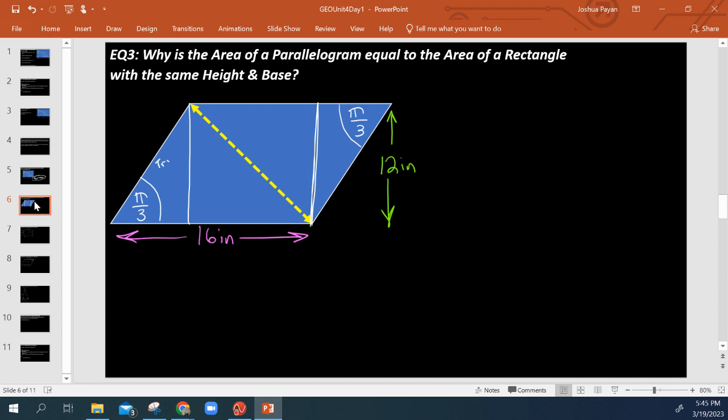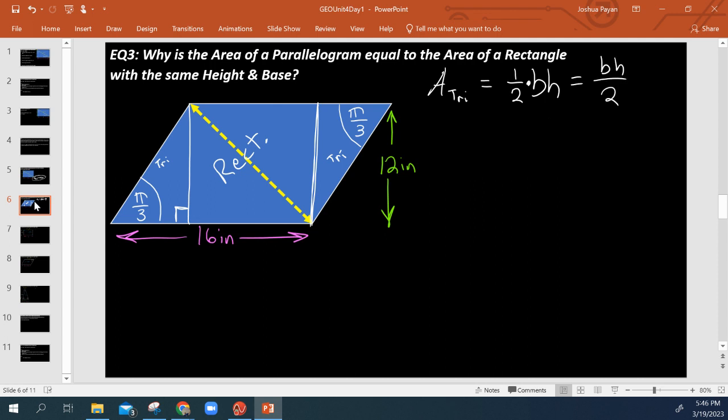So we've got a triangle, we've got another triangle, and then we've got a rectangle sitting in here. Hopefully we know the area of a triangle is simply equal to one half of base times height, or base times height divided by 2.